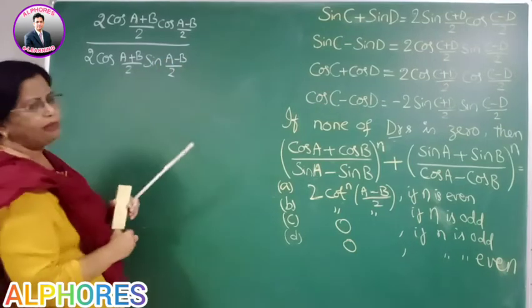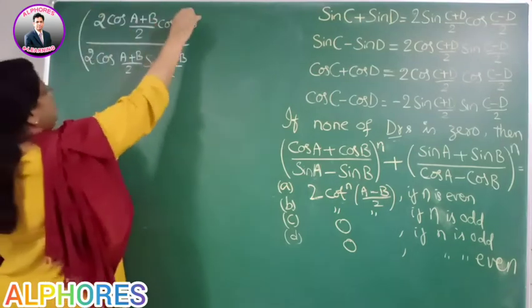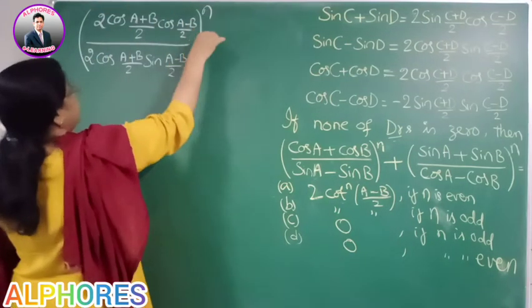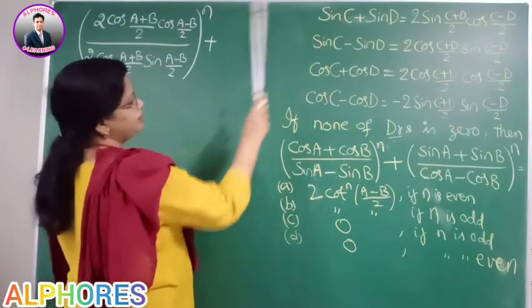This is the formula for sin A minus sin B, and upon this whole to the power of n, plus sin C plus sin D, that means the first formula.